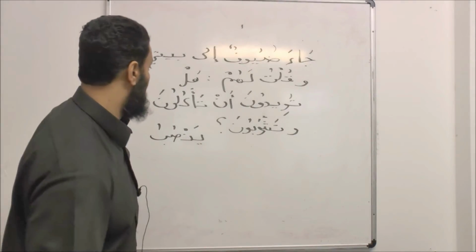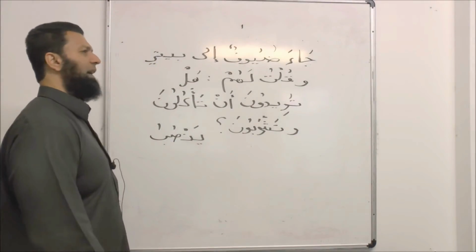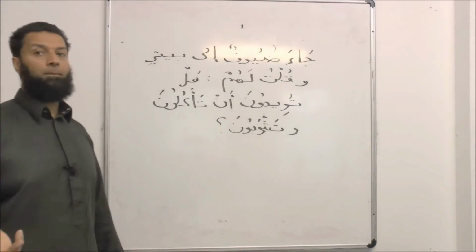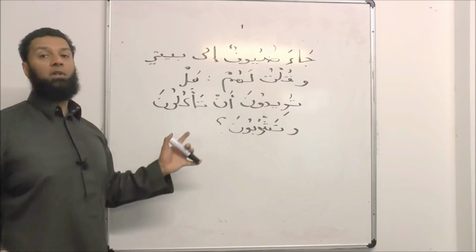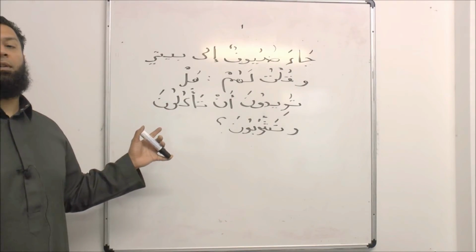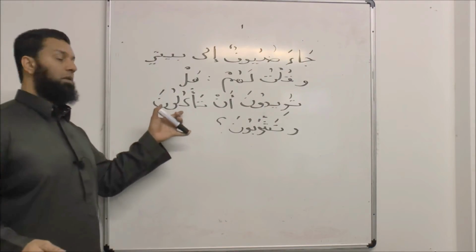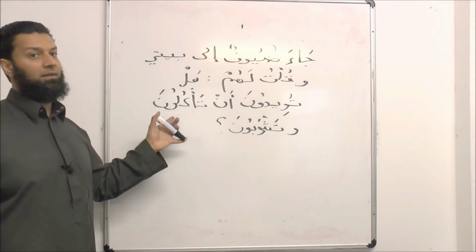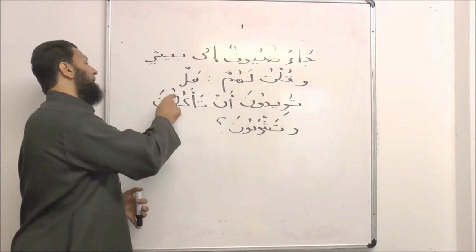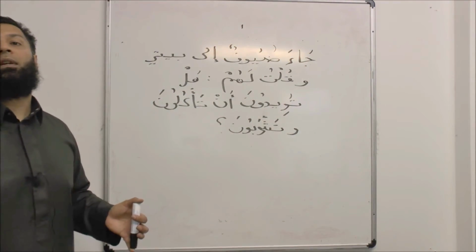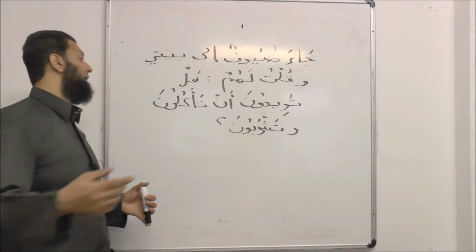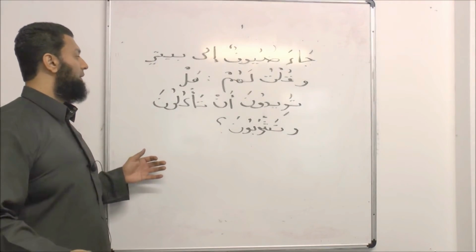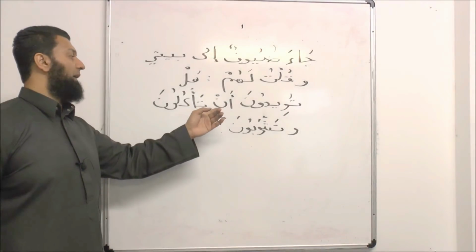Yansubu al-fi'la, it makes the fi'l mansoob. Is the fi'lun mansubun here? No, it's marfu'un. What's the alamatun that ta'kuluna is marfu'un? The waw. But it shouldn't be, because it's preceded by an.